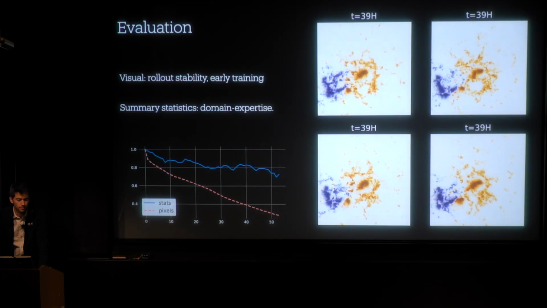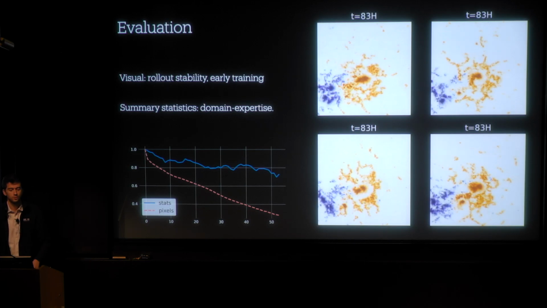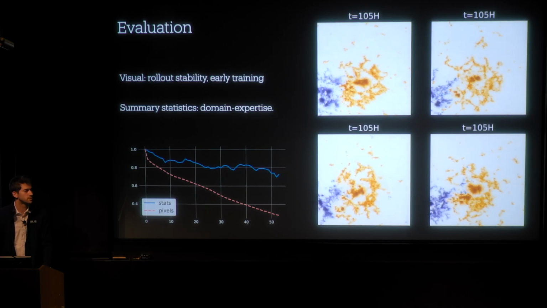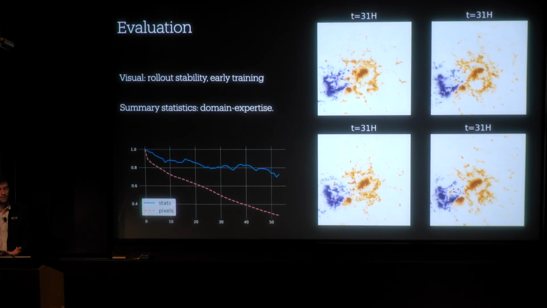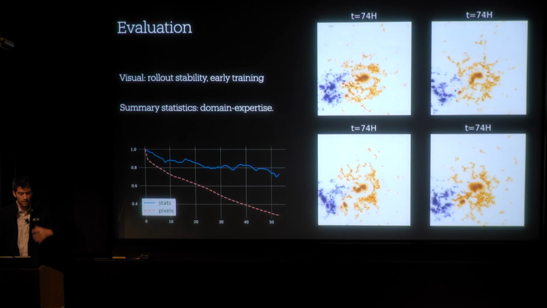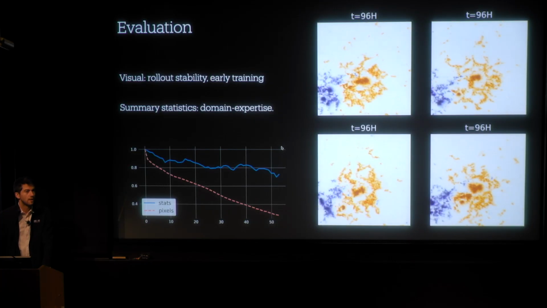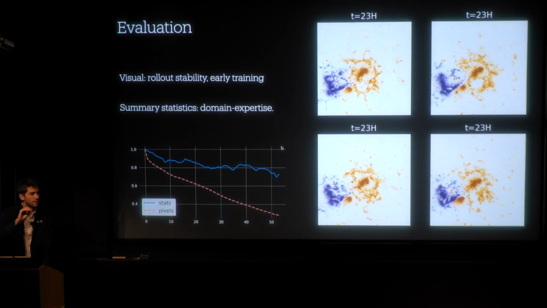Of course, one of the things that I think is a bit generic is that you should use summary statistics. In general, a lot of domain expertise is involved in building these summary statistics that basically characterize your data and what you should retrieve in your data. In that case, we have these summary statistics, and we just make sure that they are preserved in our generations with time.